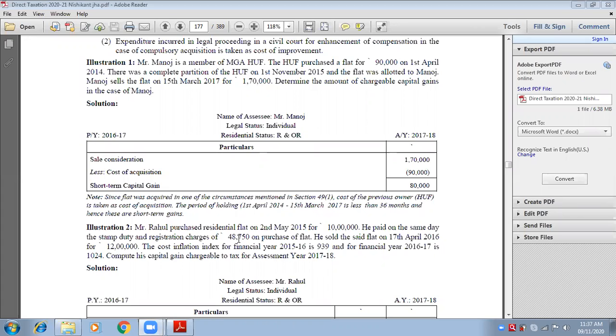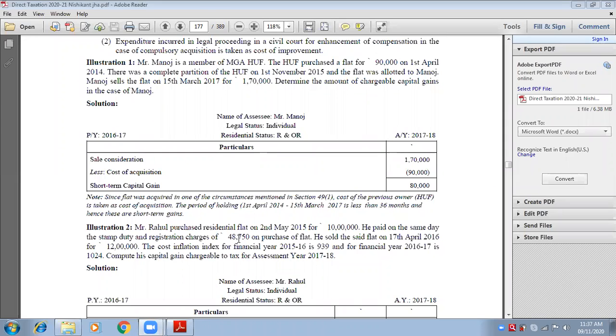Less cost of improvement. Is it given in the question? No, ma'am. So simply nil. Now, there are three different costs: the first is nil, the second is 10,48,750, and the third is also nil.